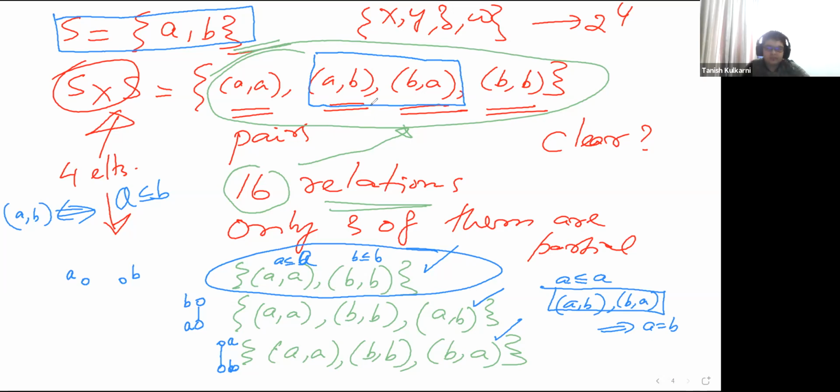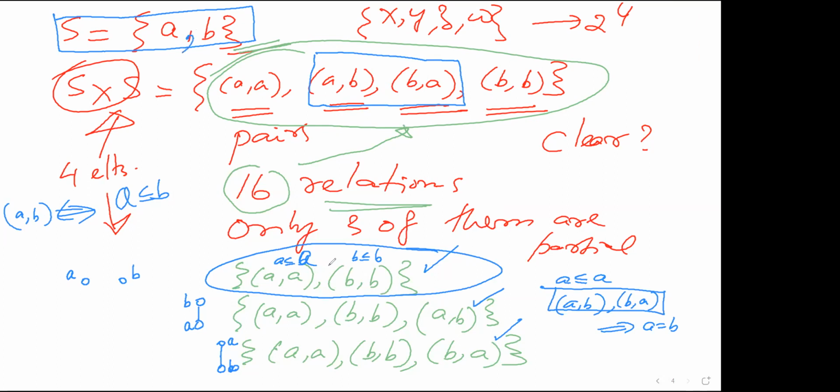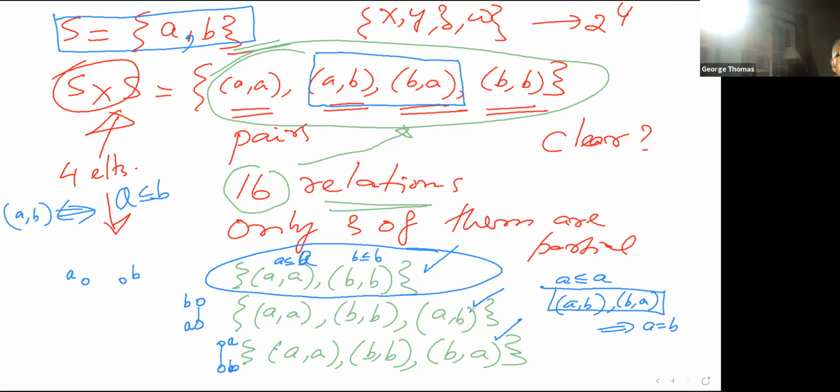No. Because if you add both of them, it will not be anti-symmetric, because we assume A not equal to B, right? So we can only add one of them, and then you make another one with the other one. So there are only 3 partial orders on this set.